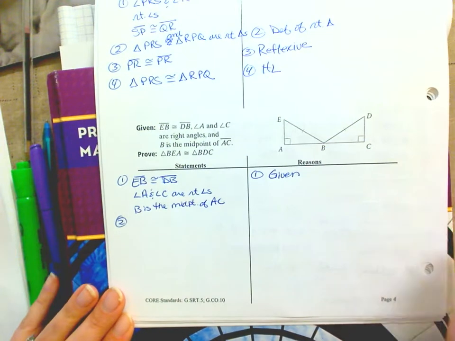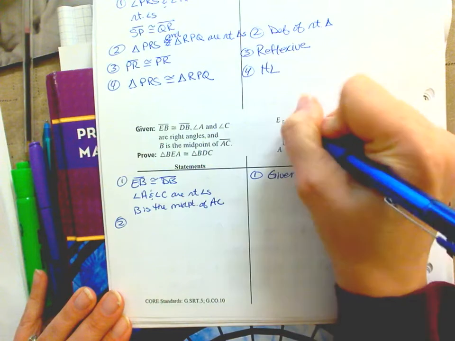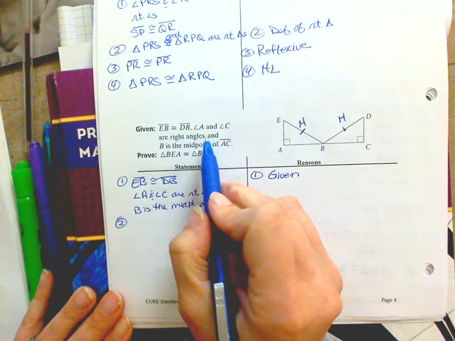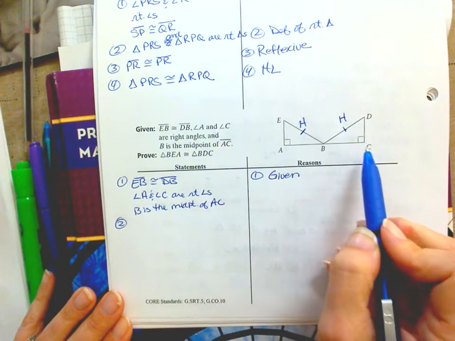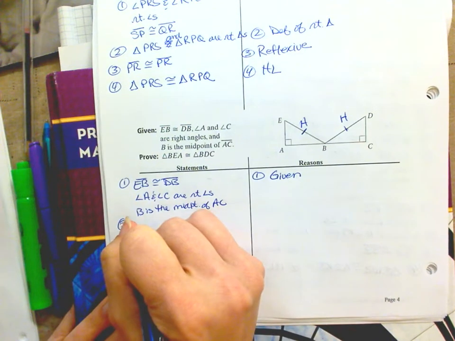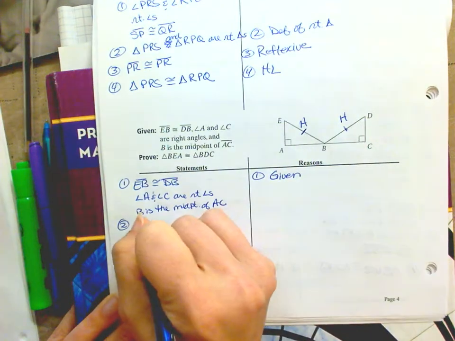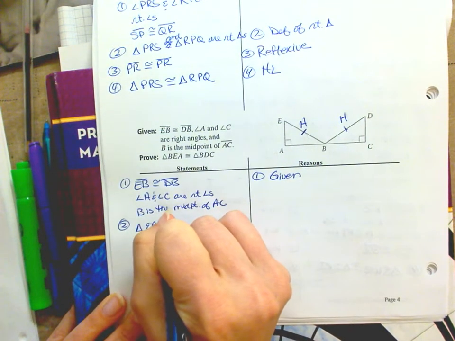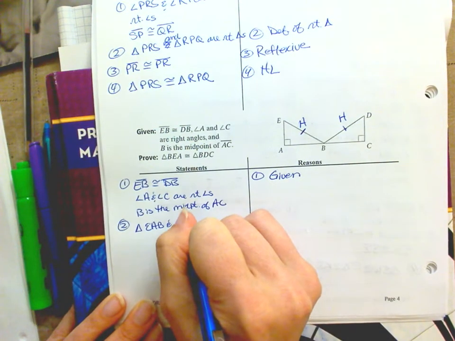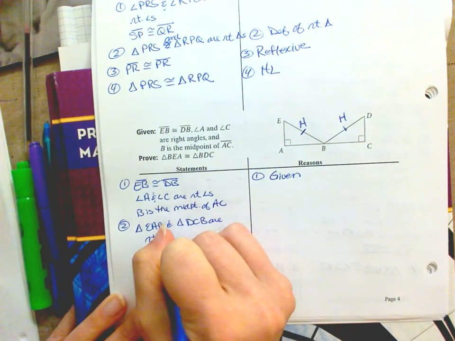So again, look at our picture. Start with the givens. EB is congruent to DB. That's nice. Those are our hypotenuses. So there's one box checked. It says angle A and angle C are right angles. It appears they're labeled that way. So immediately following that, we could write that the triangles are right triangles. So triangle EAB and the other one, DCB, are right triangles.